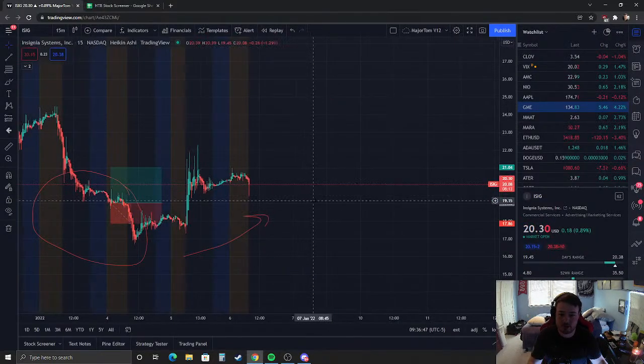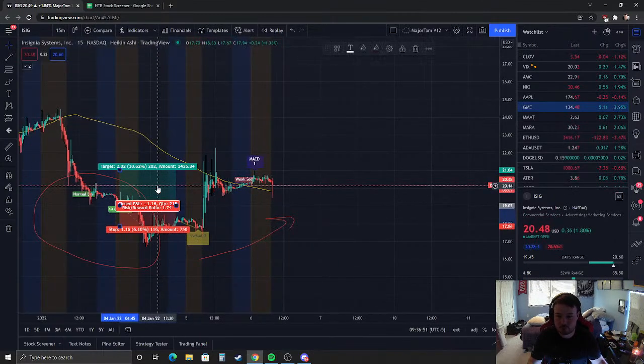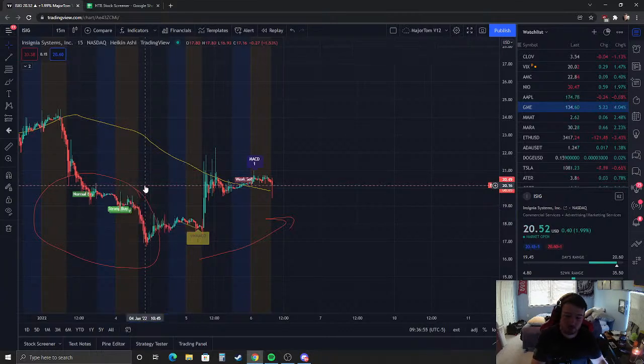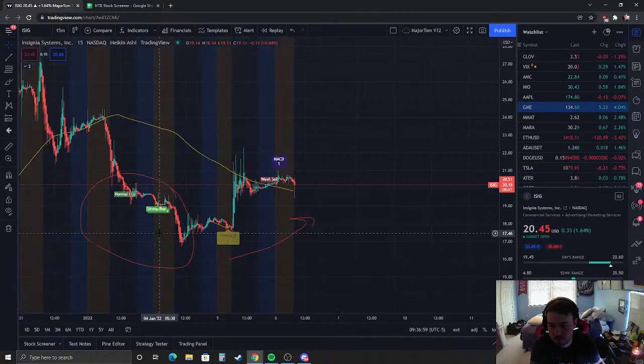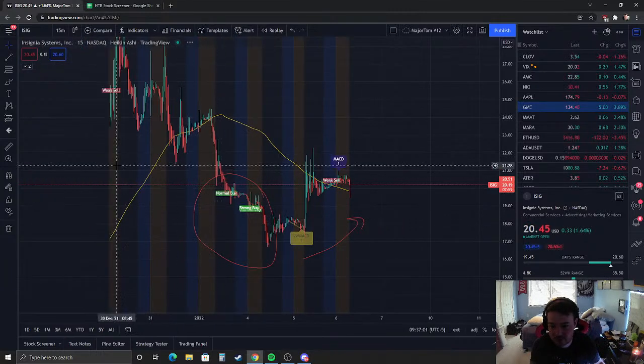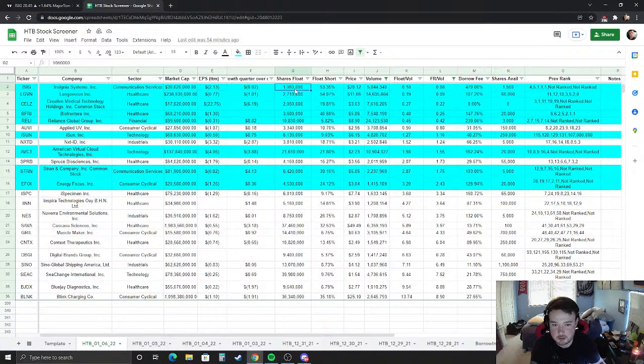I really want to see iSig rip. See like buy signals. It's just not moving really naturally. It doesn't really make sense, because if you look at the total float right here of 1 million, and then you look at the volume traded, like 6 times the total float has been traded.